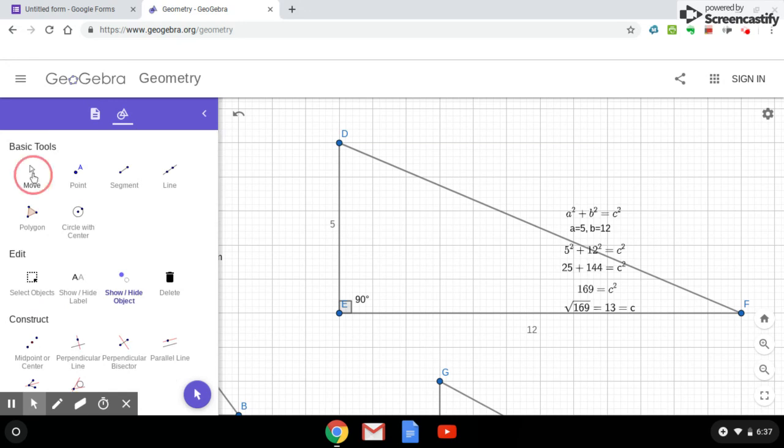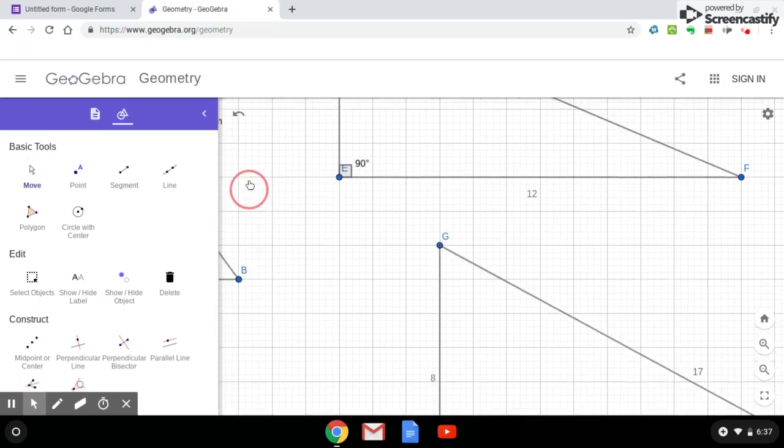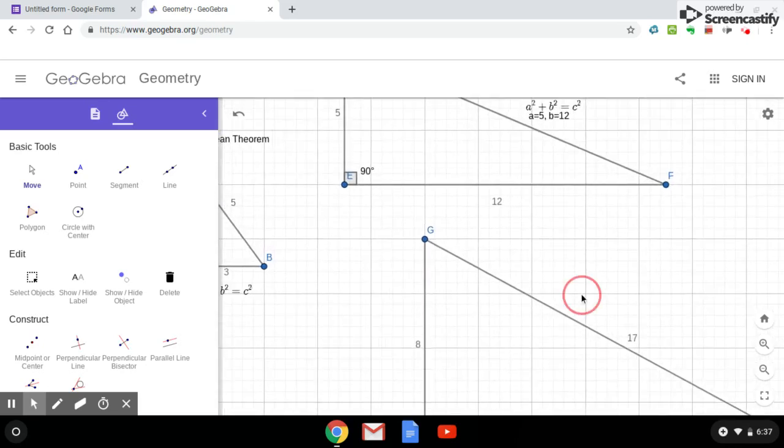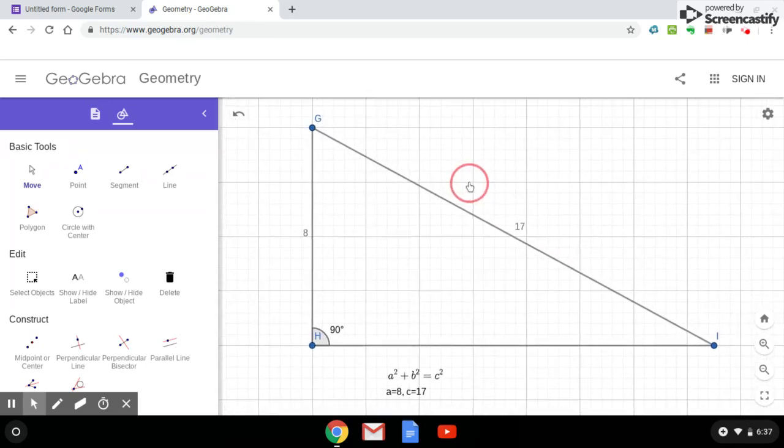Now we're going to move on to another triangle. This one's quite large, so we're going to zoom out a little. Okay, so it's similar to the other one. We're missing our b value. It's not listed down here. So we're going to plug in our values.